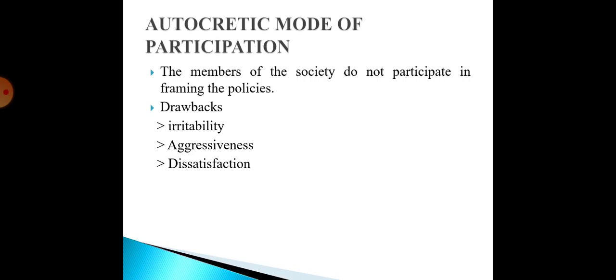Here the members of society do not want to participate in framing policies. Autocratic means a person in a particular group has the power to rule others. Auto means self: the individual has self control or self power to rule the others. They do not follow any democratic rules and policies; they frame their own policies, rules and regulations.